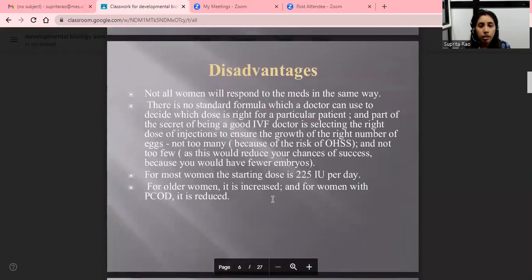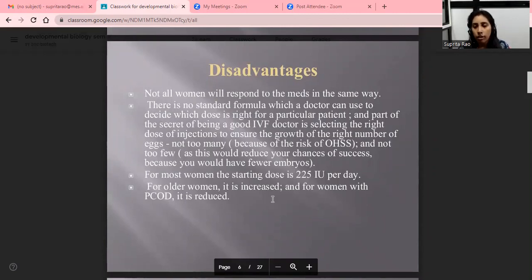Then we come to the disadvantages. Most of the hormones or drugs being used do not have a stipulated amount of how much to give, how much is safe to be given to a person, because a person responds differently to the hormone or to the drug being given. So the amount is variable.